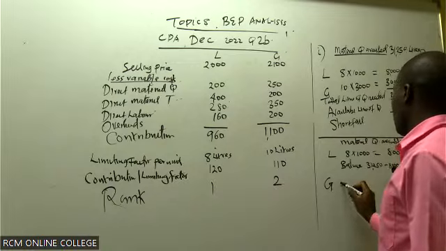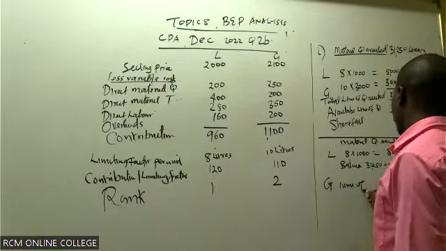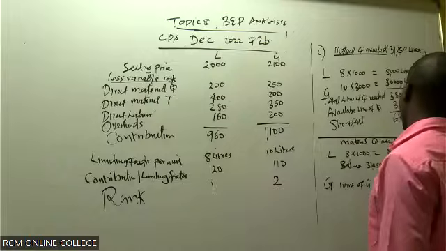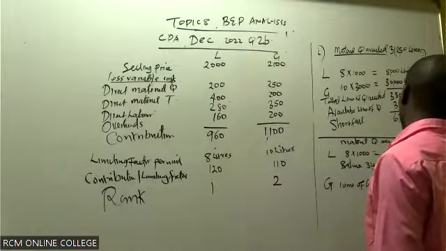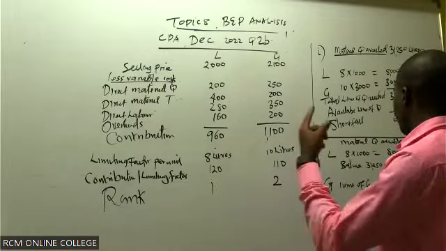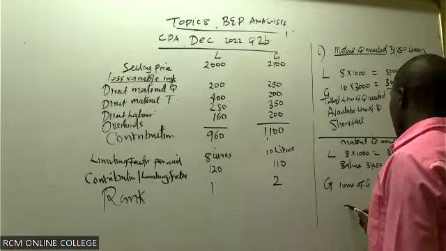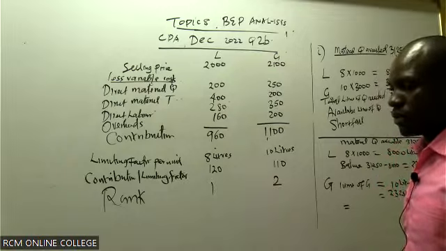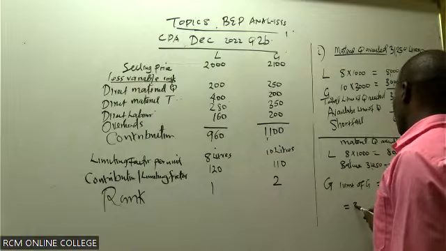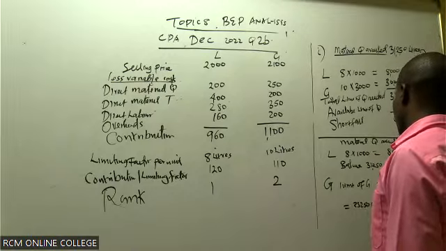1 unit of G is equivalent to 10 liters. But the balance that is remaining is 23,250 liters. So how many units of G will they manage to produce? 23,250 times 1 over 10.